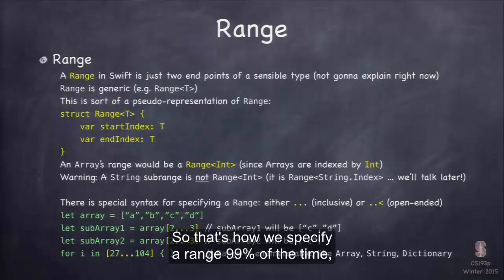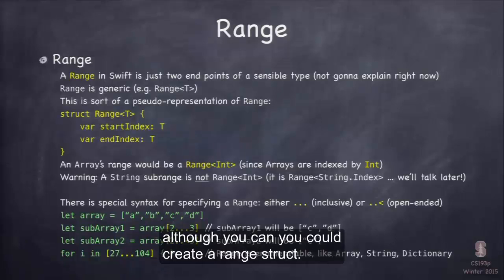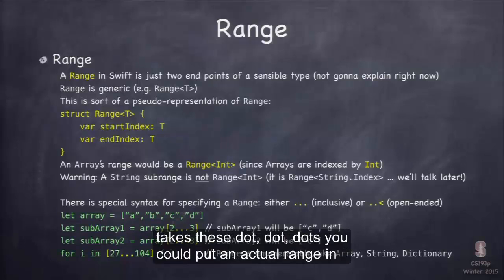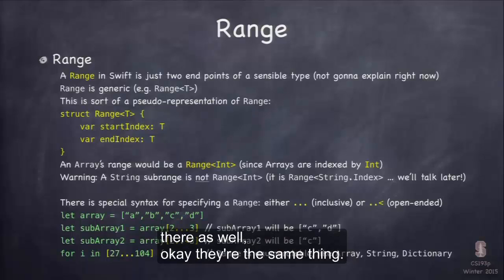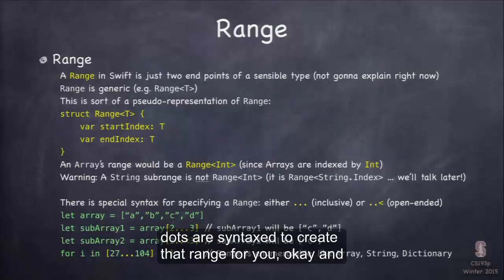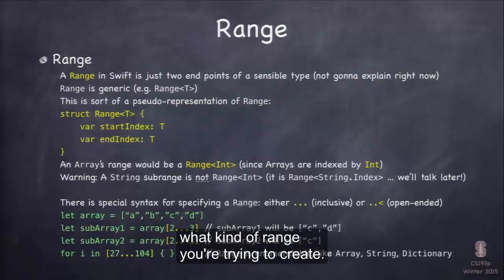So that's how we specify a range. 99% of the time we don't use the range struct to do it, although you could create a range struct and pass it as an argument to anything that takes these dot dot dots. They're the same thing; the dot dot dots are just syntax to create that range for you. What's on either side of the dots depends on what kind of range you're creating.